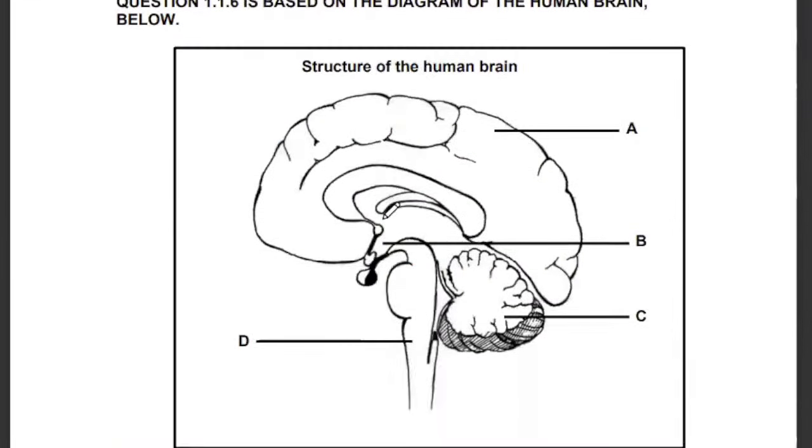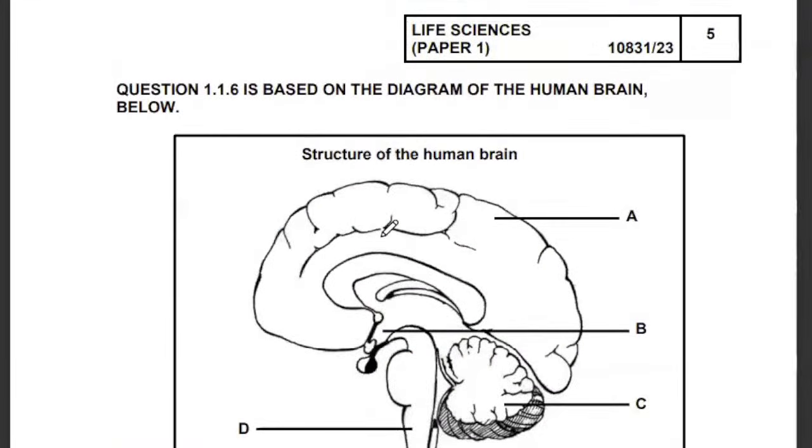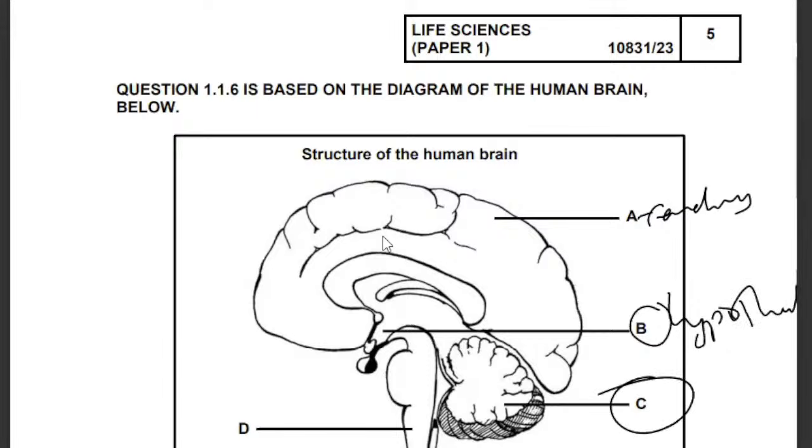Then we go to the brain, the structure of the brain. I told you, guys, that whenever they bring a question regarding a structure, make sure that you label everything, and then you'll be able to answer those questions. So this is the cerebrum, then this is the hypothalamus, and then this is the cerebellum, and then this is the medulla oblongata.